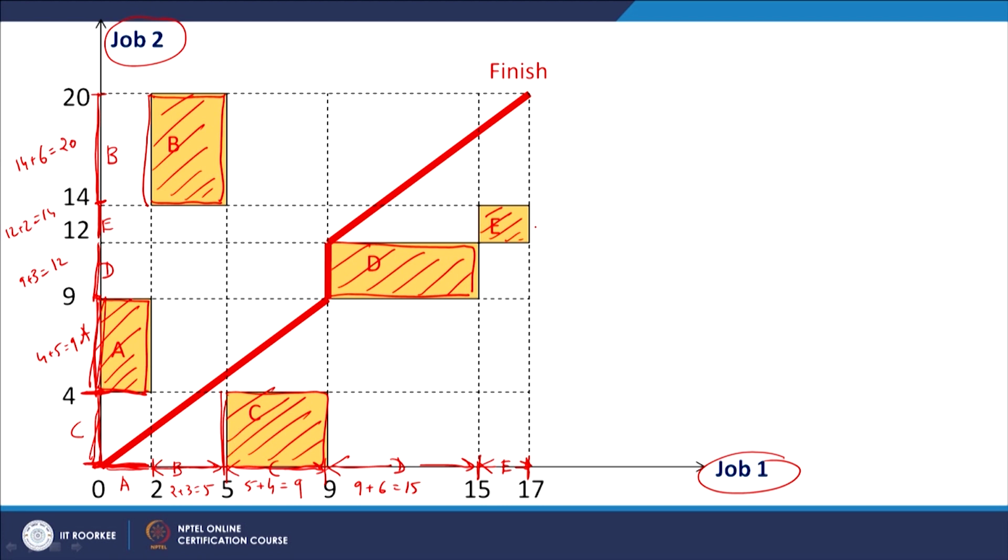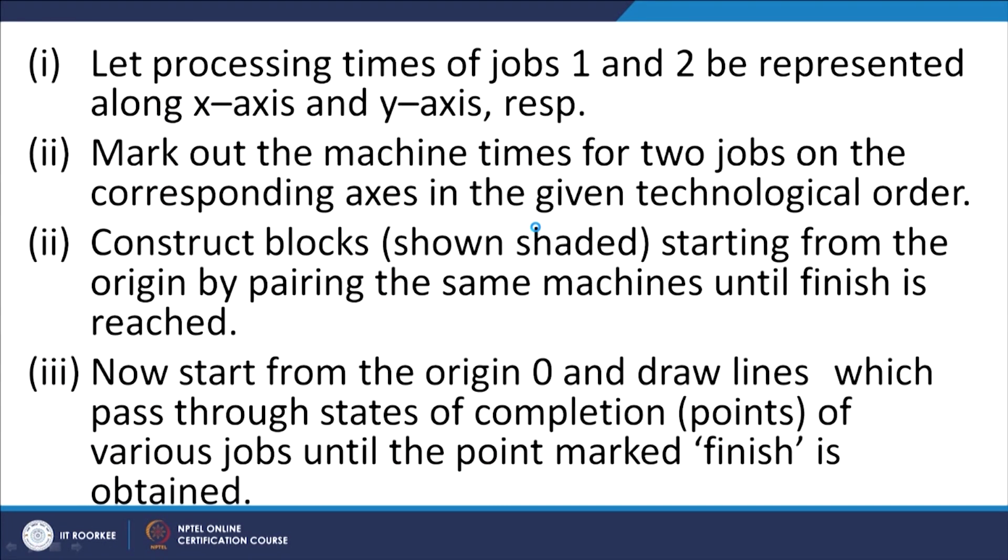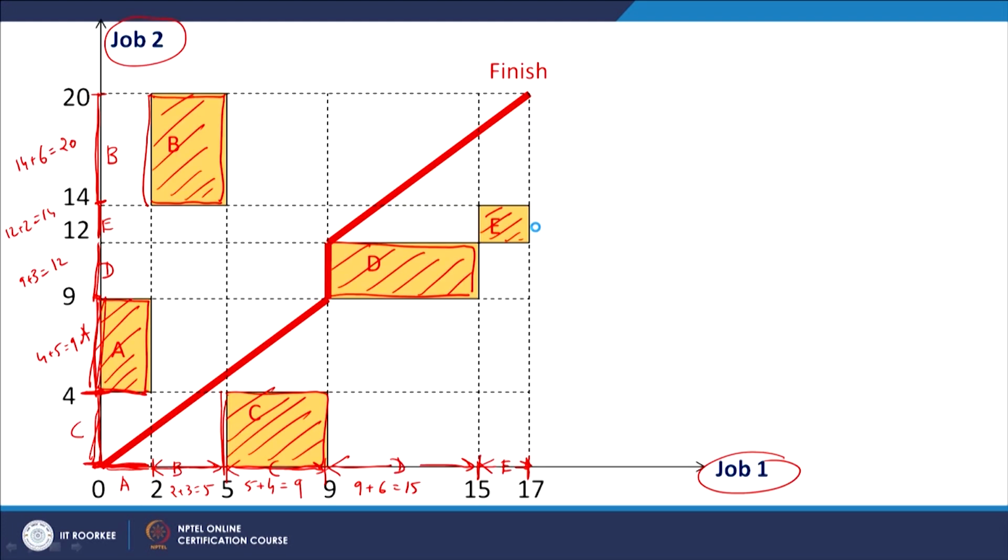Before we proceed further, let us just look at the steps that have been written in the next slide. Let the processing times of jobs 1 and 2 be represented along the x axis and the y axis respectively. I have already explained this. What is the meaning of the processing times? How the processing times have to be plotted on the x axis and on the y axis corresponding to job 1 and job 2.